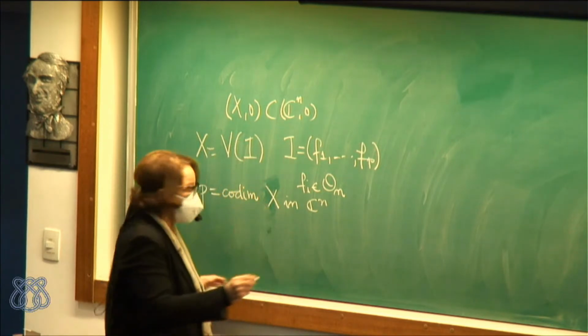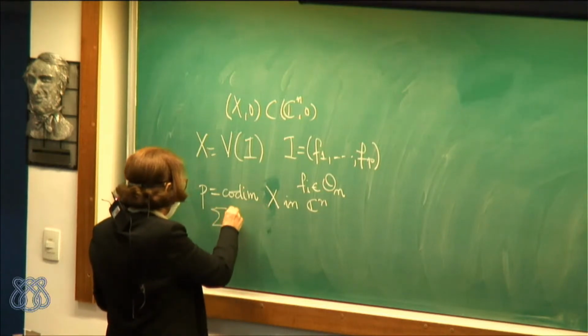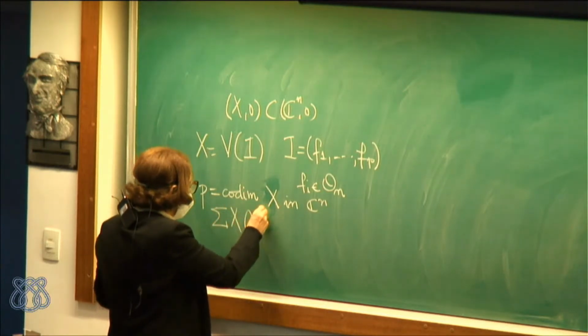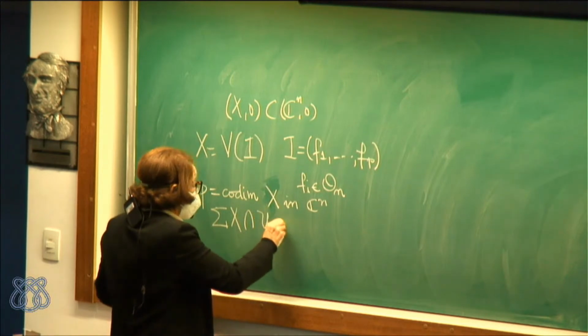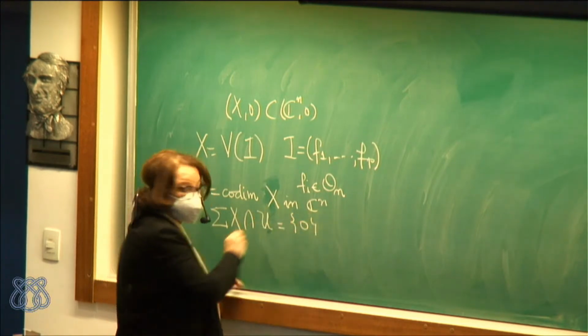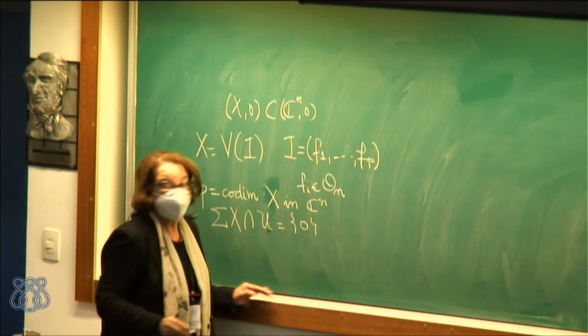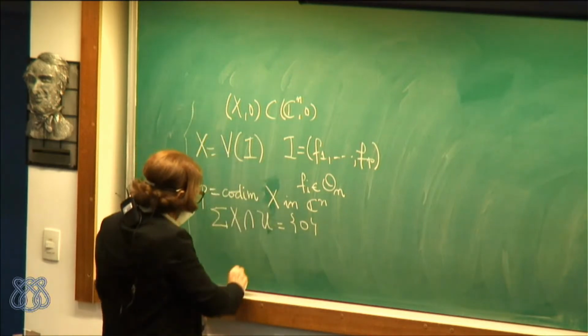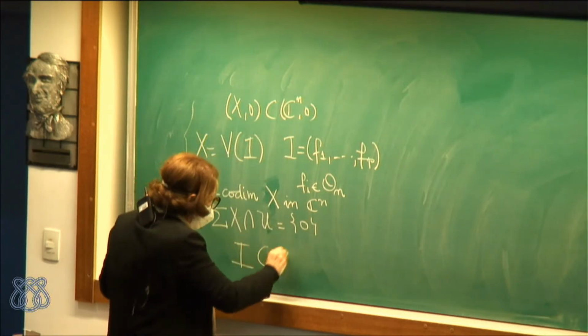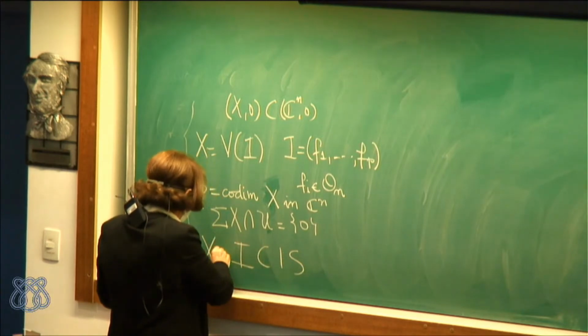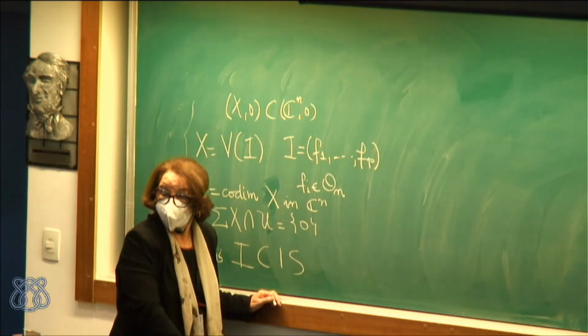And if, in a small neighborhood of the origin, the only singularity of X is 0, then altogether this gives me an ICIS. X is an ICIS.